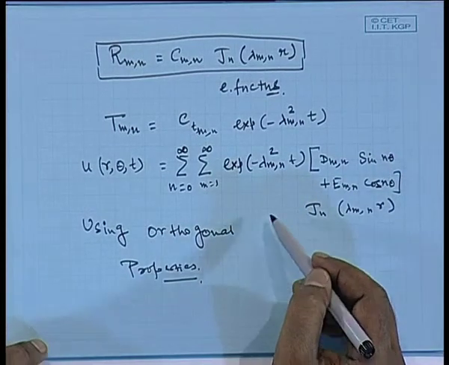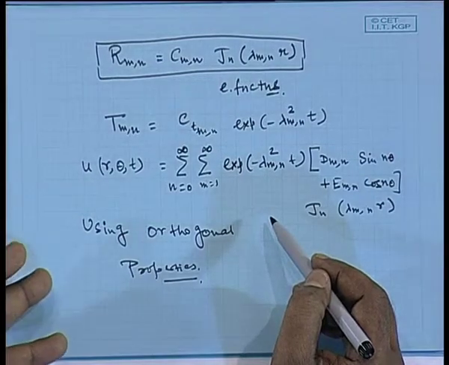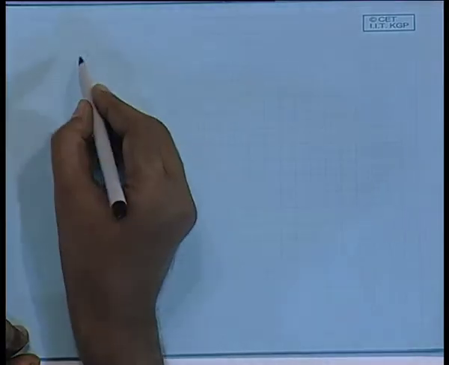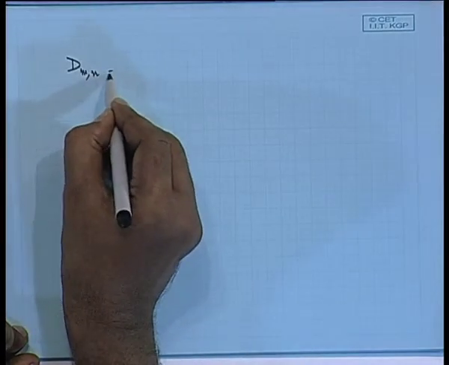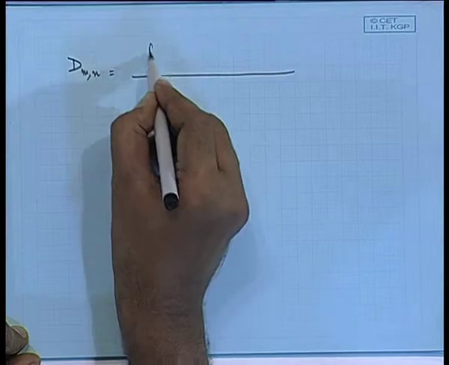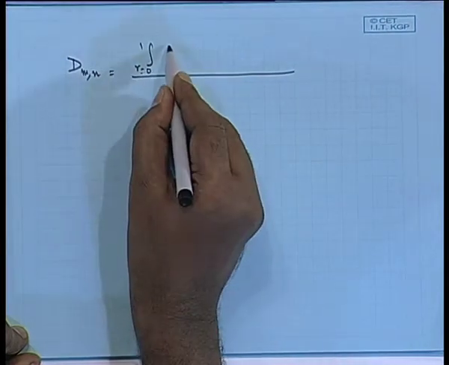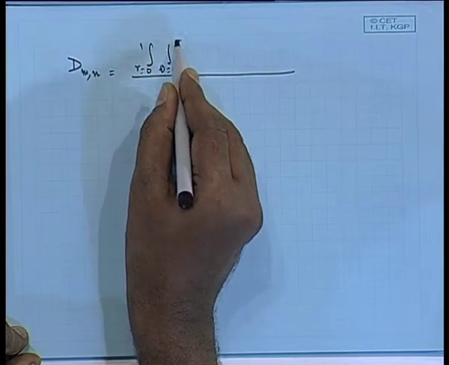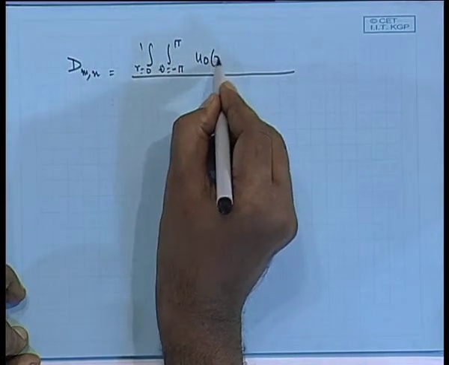I am writing down the final solution, because we have done these things several times. Finally, you will be using the orthogonal property, and you will be getting D_mn as the double integral, r from 0 to 1, theta from minus pi to plus pi, of u0(r, theta) r J_n(lambda_mn r) sin n theta dr d theta, divided by the double integral, 0 to 1 and minus pi to plus pi, of r J_n squared(lambda_mn r) sin squared n theta dr d theta.